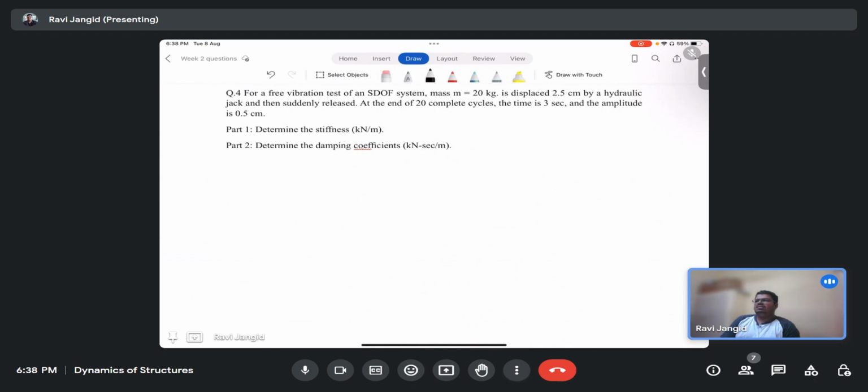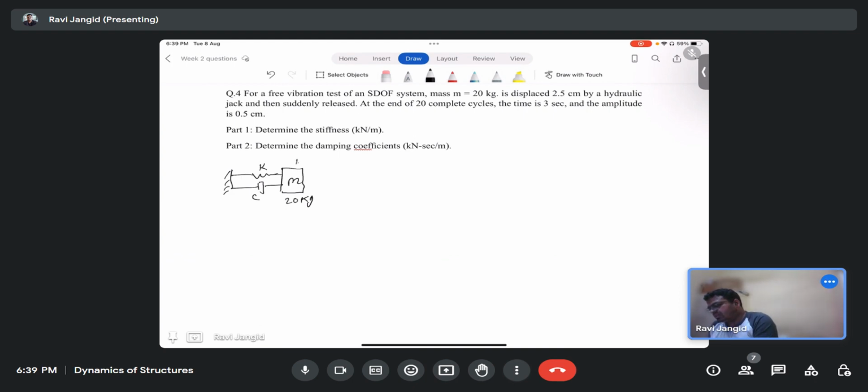I have a system in which a spring and a damper are connected to a mass of 20 kg. I don't know what my stiffness and damping, K and C, are.